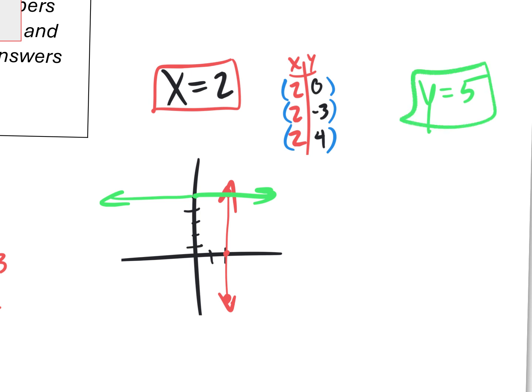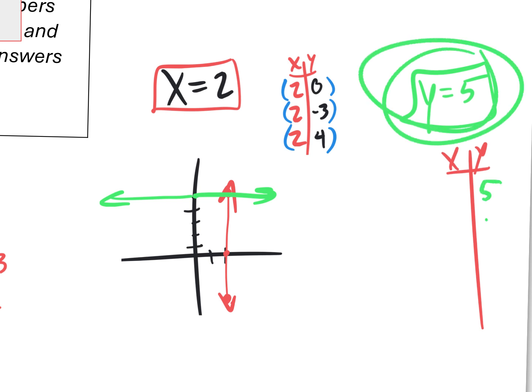Again, logically, if you think about an input-output table, all this says is that your y values have to be 5. It doesn't even have any x's. Who cares about x's? X could be whatever you want. It could be -2, 0, 3, whatever. And if you did go to (-2, 5), you'd be on that green line. If you did go to (0, 5), you'd be on that green line. If you did go to (3, 5), you'd be on that green line, right?